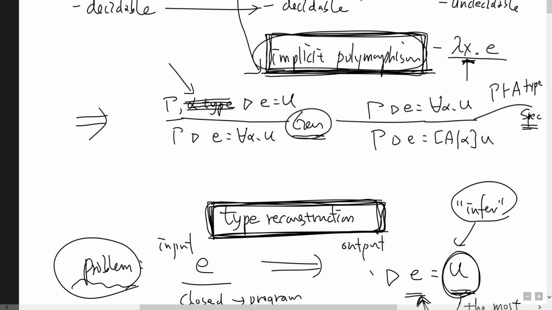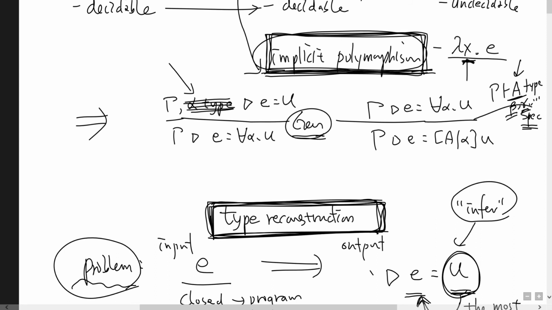So this will be gone actually. And for the same reason, we don't have to actually test the validity of the type A here. There's no need to check the validity of type A here, because we assume that every type variable is valid. So for instance, this type A might contain some type variables, say beta, gamma, and so on. And previously, we had to make sure that these type variables are valid.